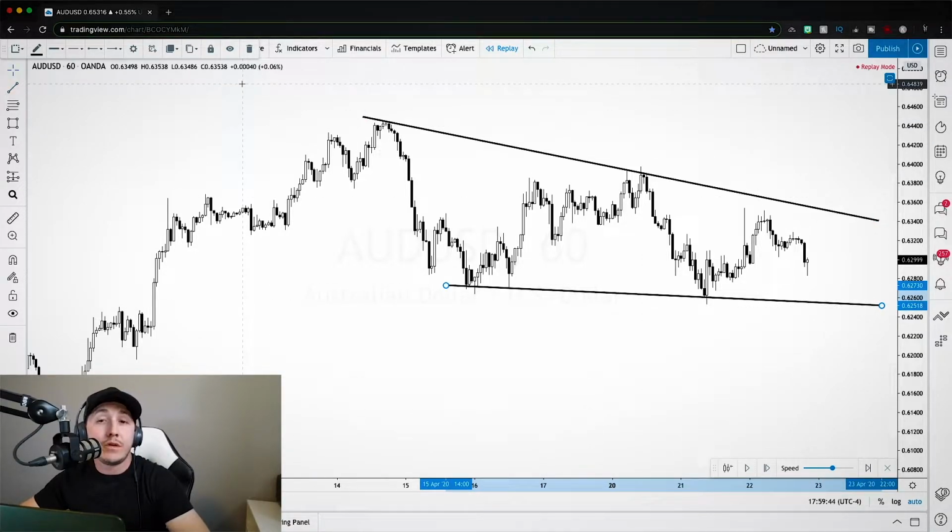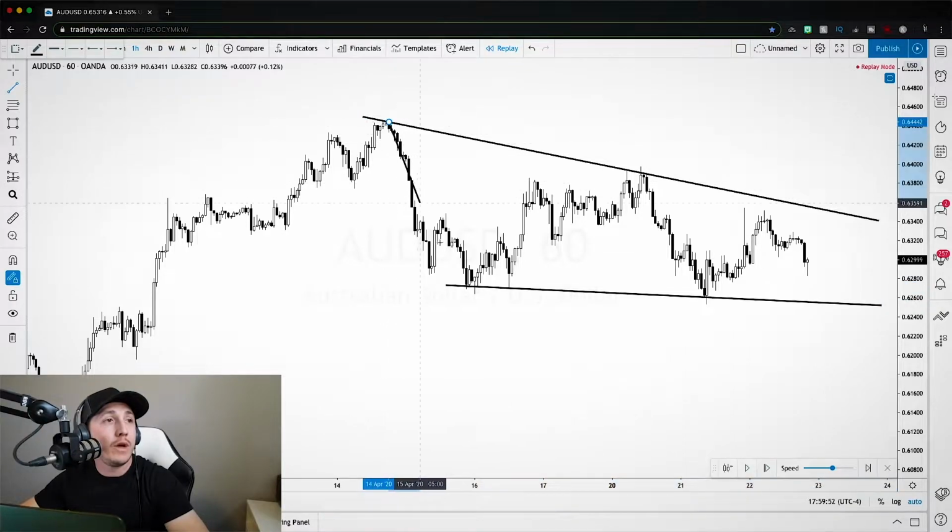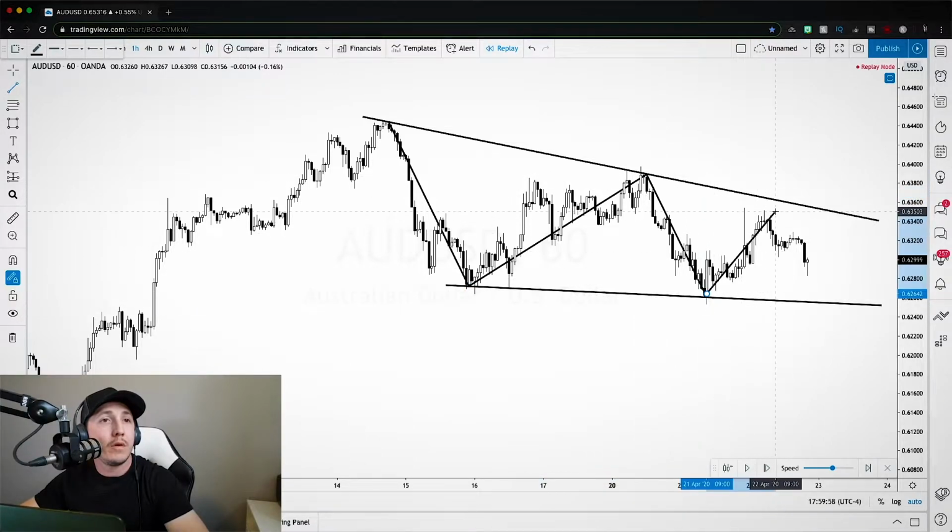So within this little pattern, we have a move down, a move up, a move down, a move up, and a slight move down. So based on this, as you can see, we do have a lower low, lower high, lower low, and a lower high.